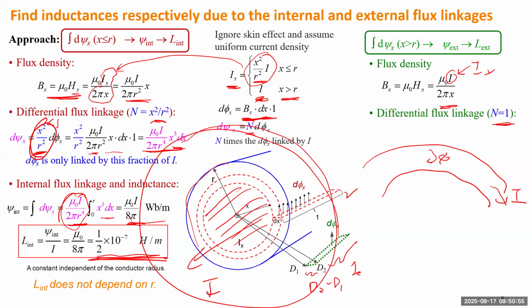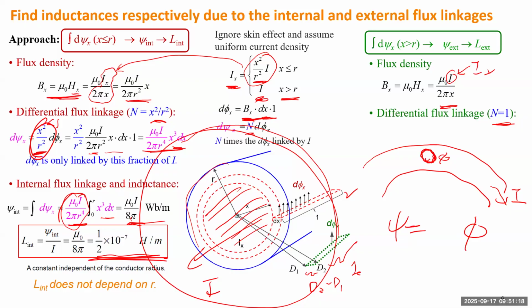But because we study a circular path, that circular path will only include part of I, not completely I. So N is not even 1, N is less than 1. So the flux linkage is equal to a ratio, and this ratio is less than 1.